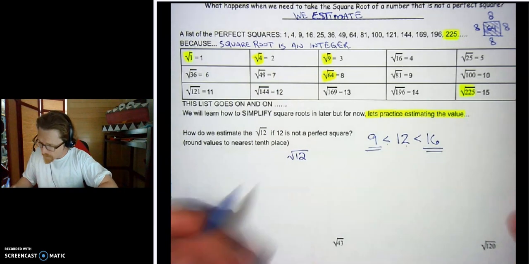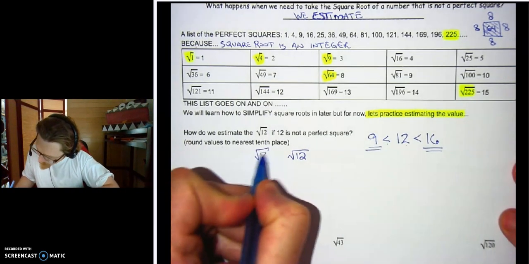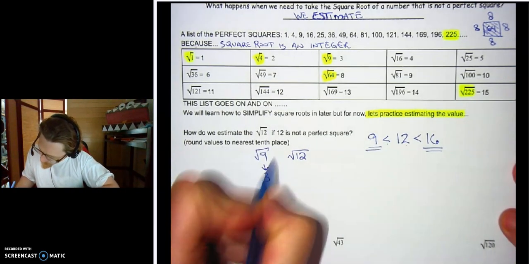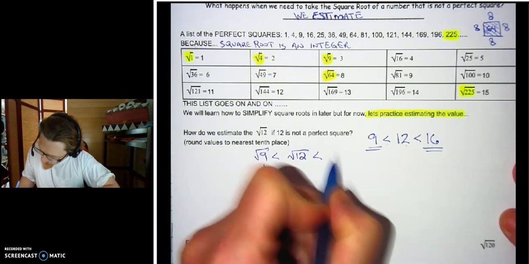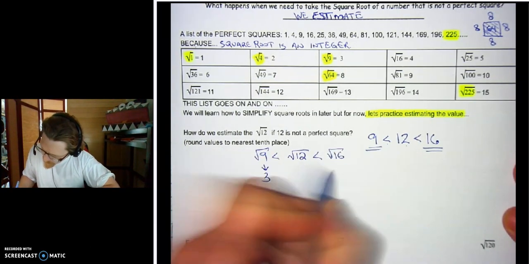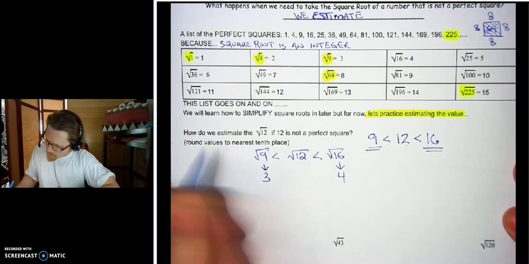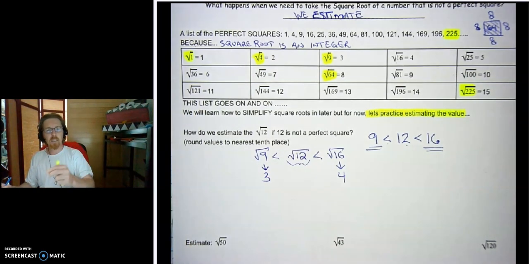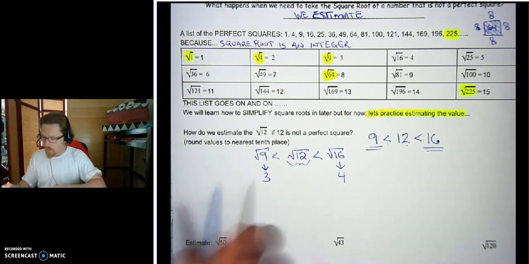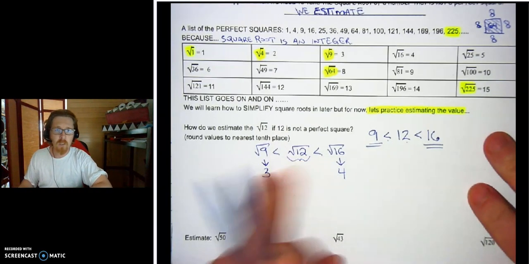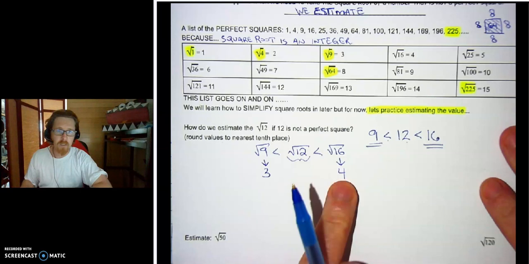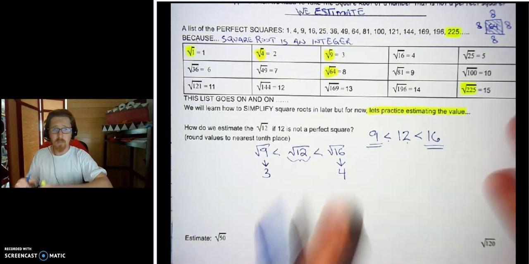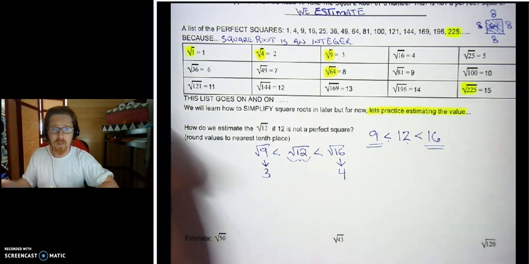Now I know that the square root of 9 is equal to 3, and the square root of 16 is equal to 4. So if 12 is between 9 and 16, then the square root of 12 must be somewhere between 3 and 4. So it's going to be 3 point something.